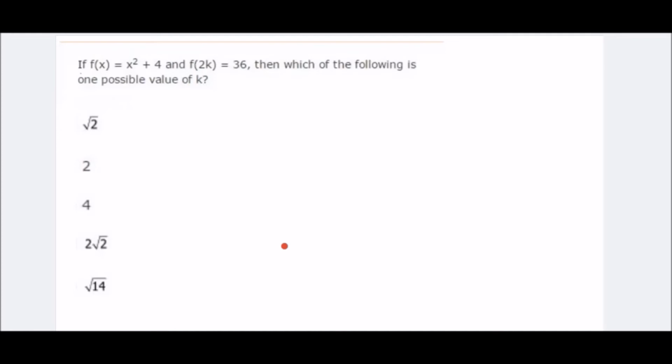Our next question is, if f(x) equal to x square plus 4 and f of 2k is equal to 36, then which of the following is one possible value of k? So the equation is given here, we have to find out the k value. f(x) equal to x square plus 4. Then f of 2k is given as 36. See here, it is the same function. Instead of x, it takes 2k.